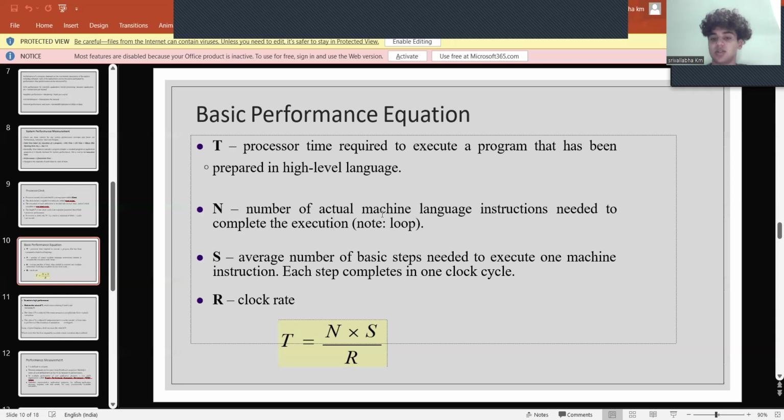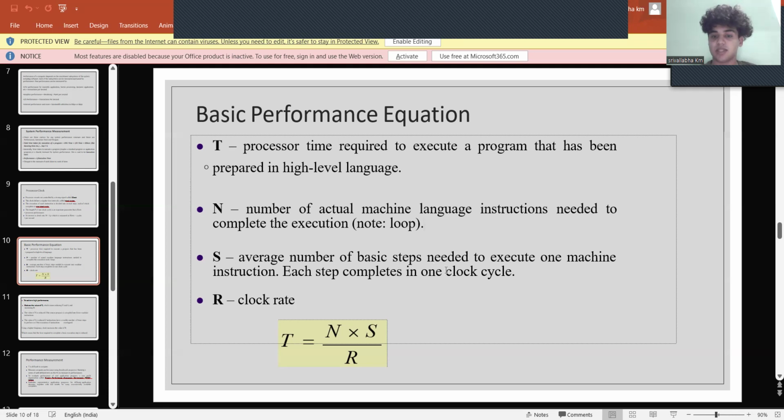The number of instructions given to the processor that are needed to complete the execution is the number in the program, or the loop. Next, S is the average number of basic steps needed to execute one machine instruction. Each step completes in one clock cycle, as we know.